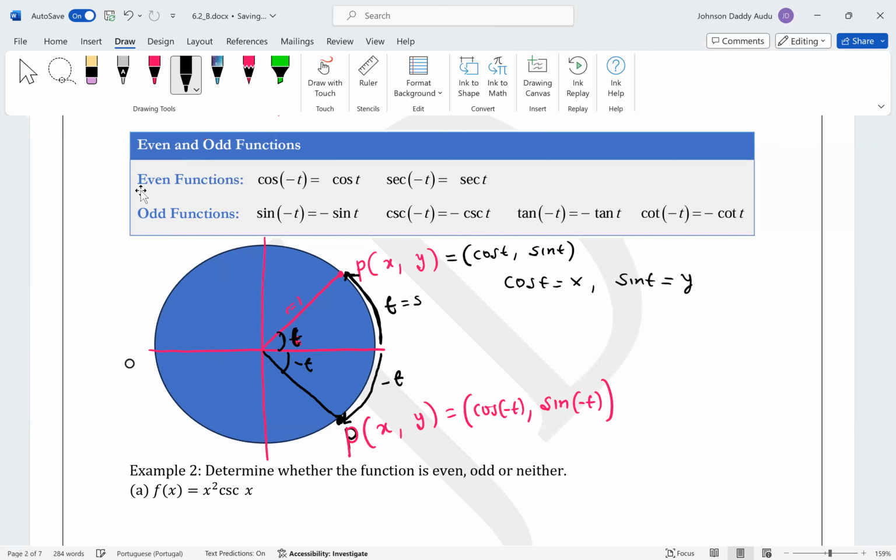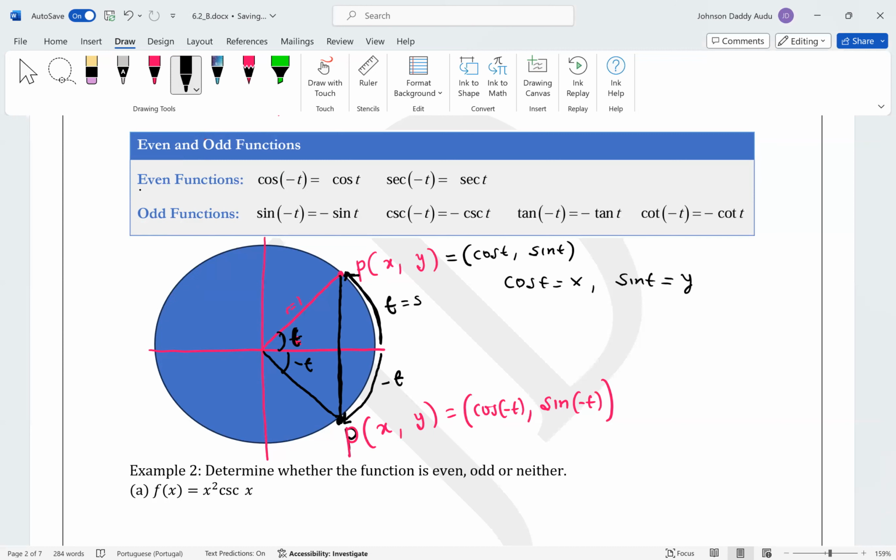If you compare these two, let's draw a line here. You can see that the x value does not change. The x value here is still the same.